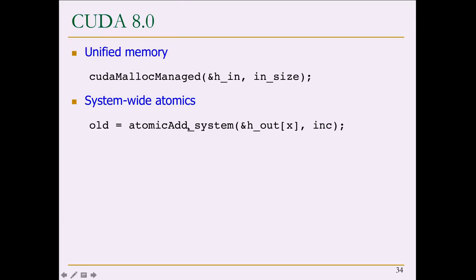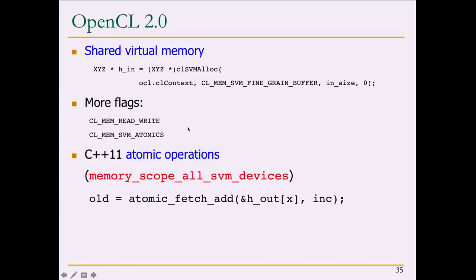And similar features are also available in other programming languages, such as OpenCL 2.0. The syntax in OpenCL is usually more complex than in CUDA, but as you can see, it is also possible to allocate shared virtual memory, which is the same concept as the unified memory in CUDA.